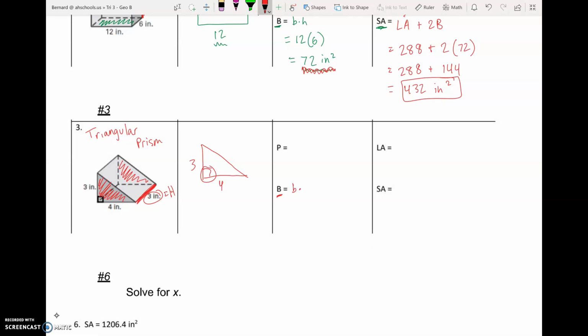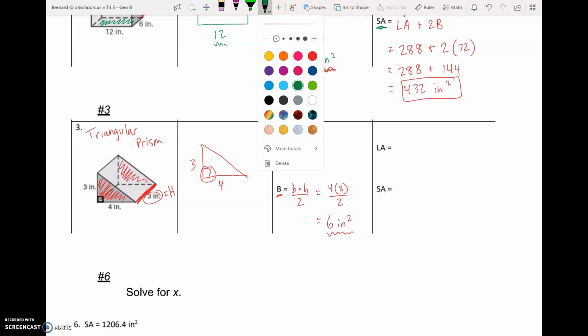Big B is base times height divided by 2. Remember, base and height always meet each other at a 90-degree angle. And so in this problem, that'll be 4 times 3 divided by 2. 4 times 3 is 12. 12 divided by 2 is 6. So 6 inches squared is big B. That's perfect. Now, the reason I started with that is because for perimeter, we don't have that information.